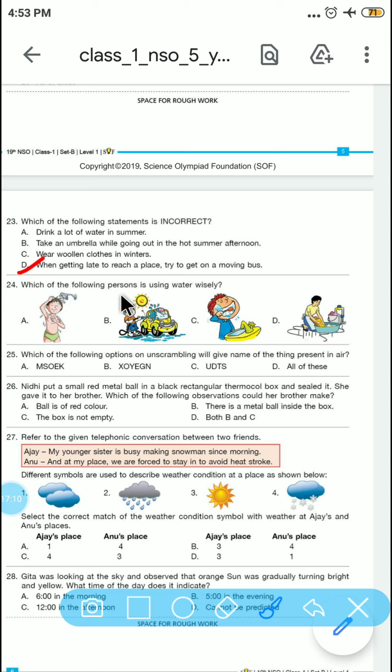Which of the following persons is using water wisely? The guy in option A is using a shower. Here the kid is using overflowed water, and here the pipe, and here the woman is washing clothes in a tub.